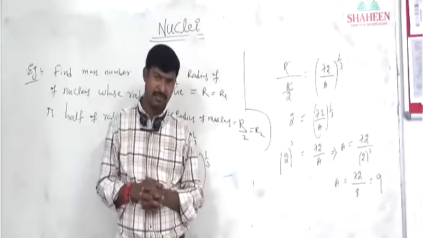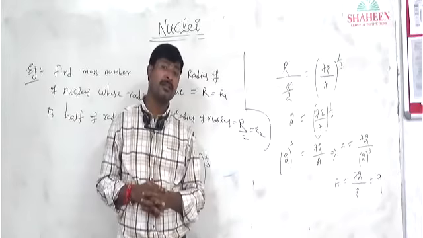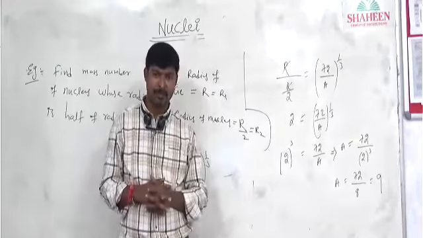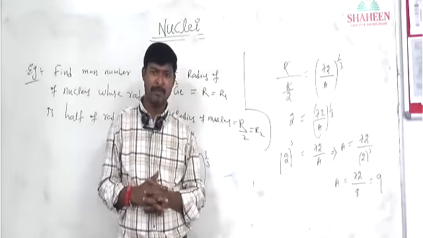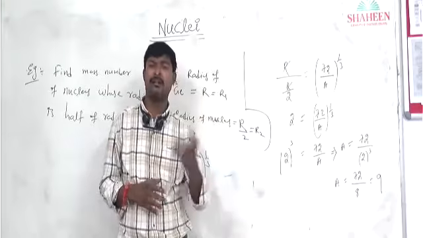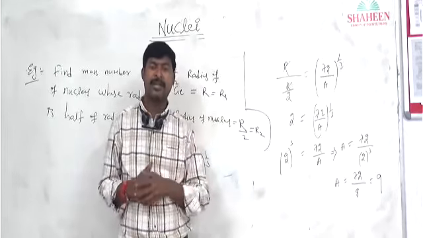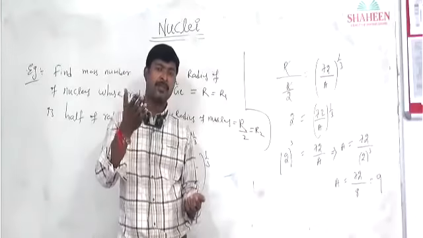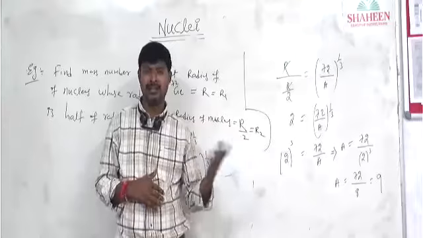Isobars means nuclei which have the same mass number but different atomic number. A is the same, but the atomic number, the proton number, is different, like 1H3 and helium 3.